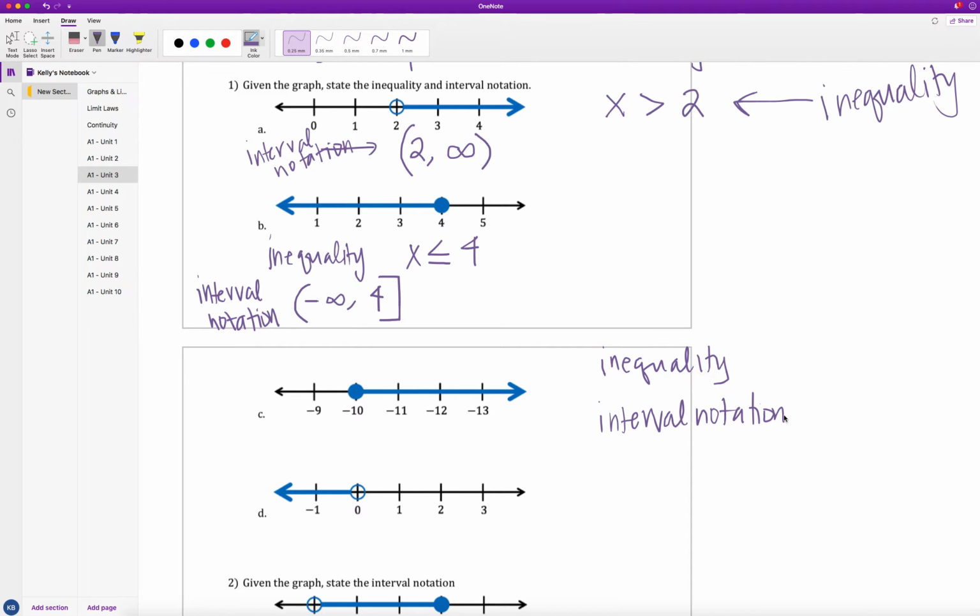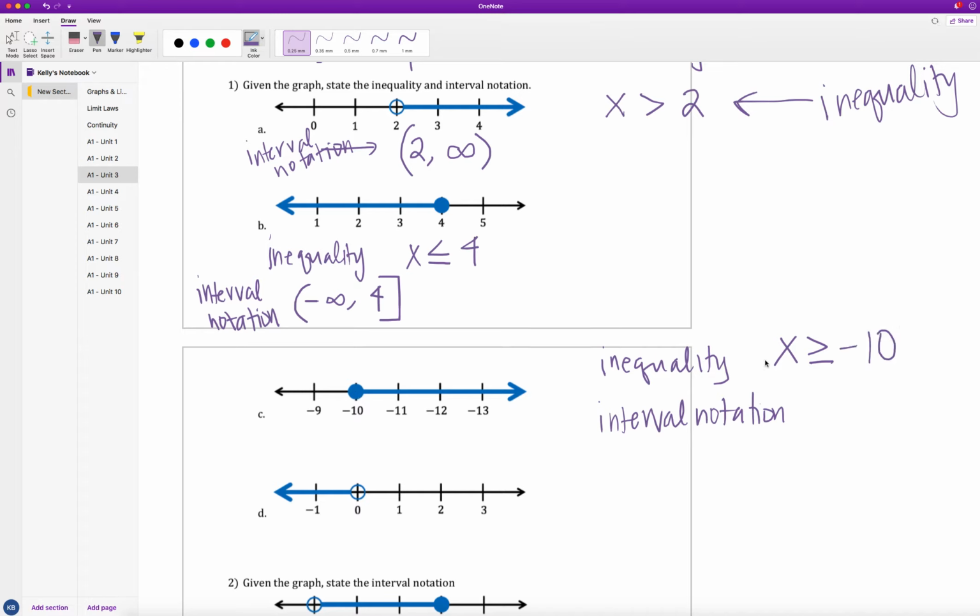Okay, let's check example C. I'm going to start with our inequality. I need a variable, so I'm going to just keep using x. On our graph, we have a closed circle at -10, and then it's shaded all the way to the right. That means everything on the bigger side of it, so x is greater than, and in this case equal to, because of the closed circle, -10.